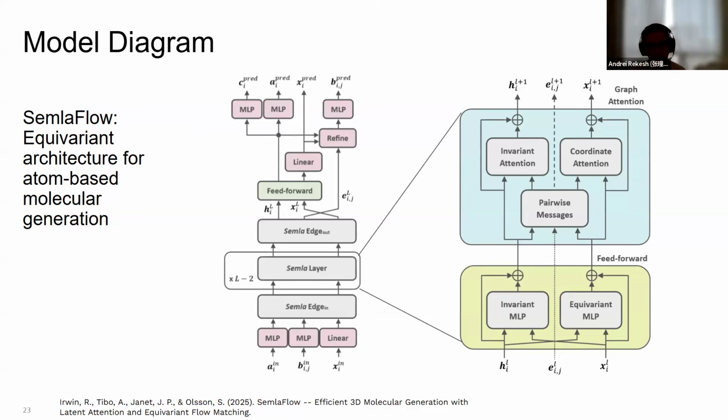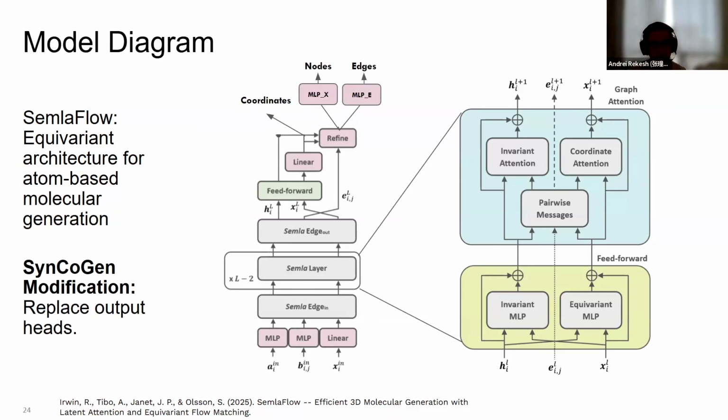They communicate through pairwise messages. We actually don't modify too much with SemlaFlow. All we have to do is replace the output heads to instead return a set of logits over our building blocks and a set of logits over our edges, and the coordinate prediction can proceed as usual.